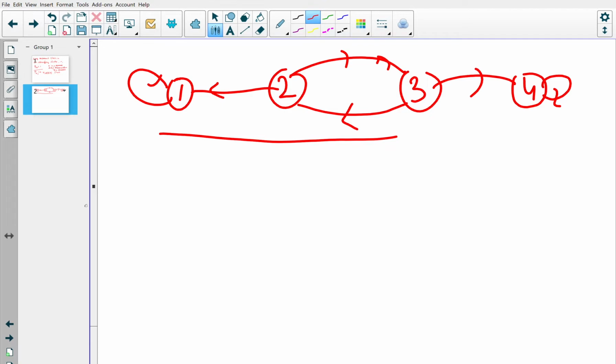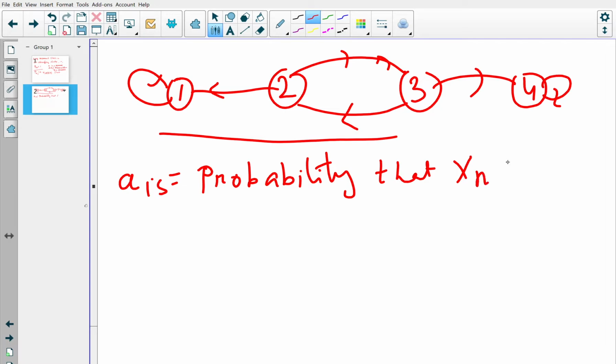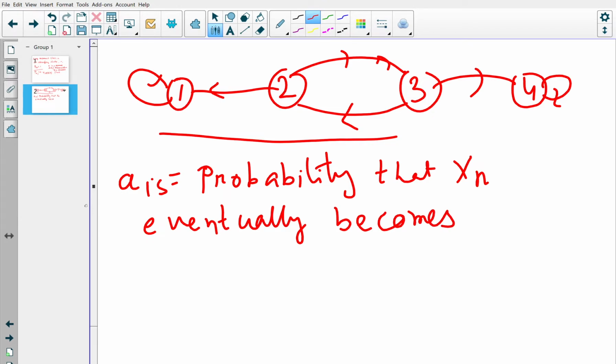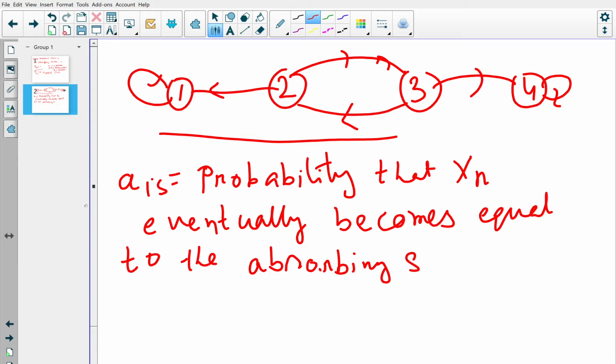So let me define some symbols. Suppose I define a_i^k as the probability that X_n eventually becomes equal to the absorbing state k, which I already defined as a representative of a class, given that you start at state i.